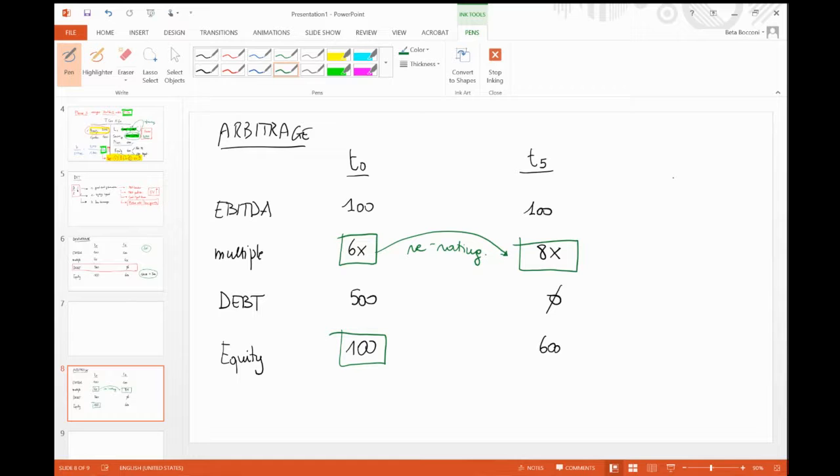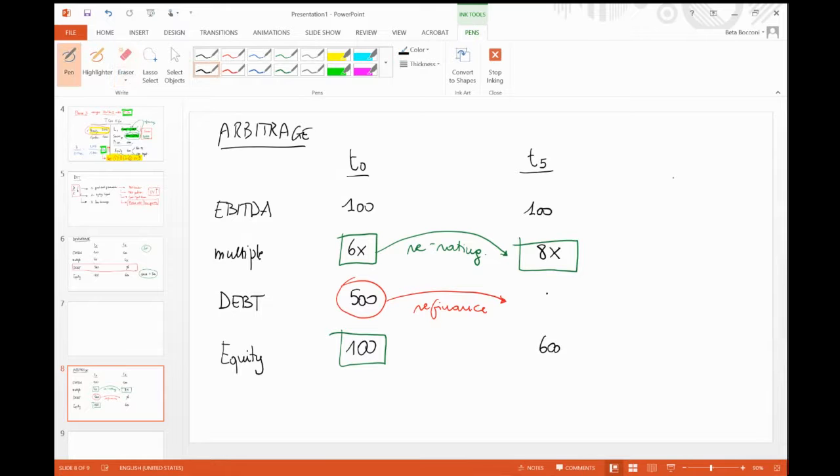You can imagine, guys, that if the multiple increases, the pressure to reduce the level of leverage is not so cumbersome as before, because the enterprise value of the company can increase. So arguably, I can also refinance the same debt, because now the value of the company in 5 years' time will be higher.